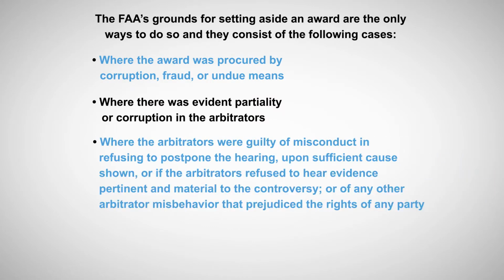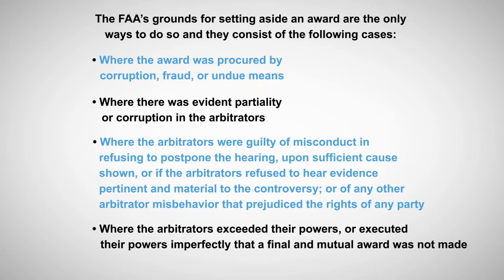When the arbitrators were guilty of misconduct in refusing to postpone the hearing upon sufficient cause shown, or if the arbitrators refused to hear evidence pertinent and material to the controversy, or of any other arbitrator misbehavior that prejudiced the rights of any party, or 4. Where the arbitrators exceeded their powers or executed their powers imperfectly that a final and mutual award was not made.